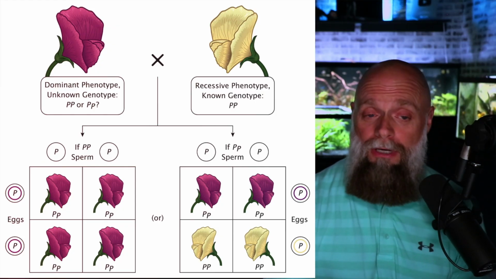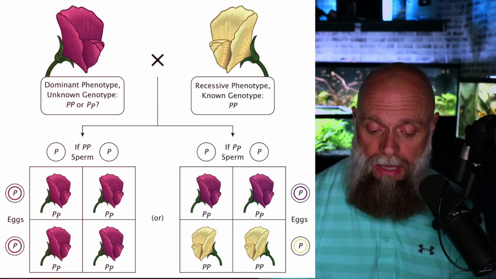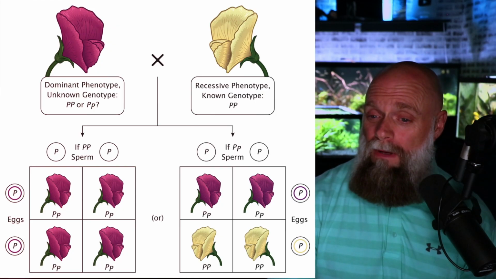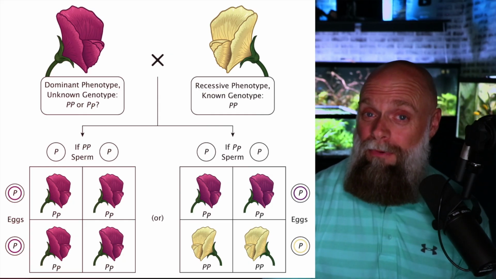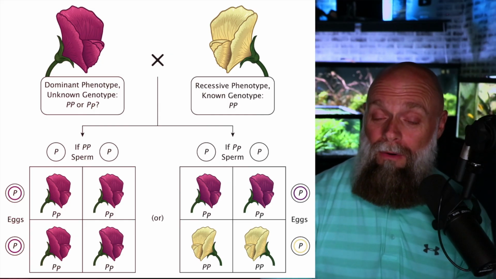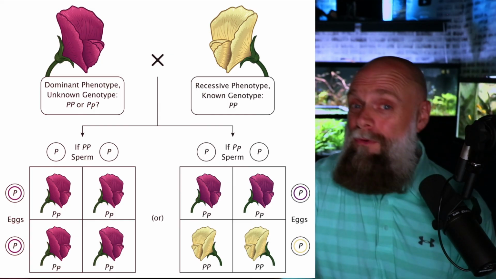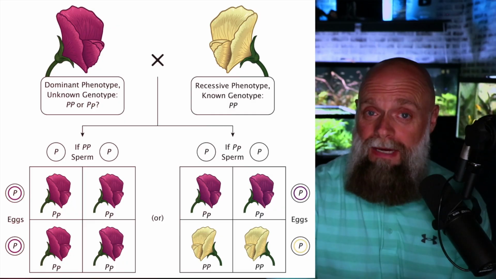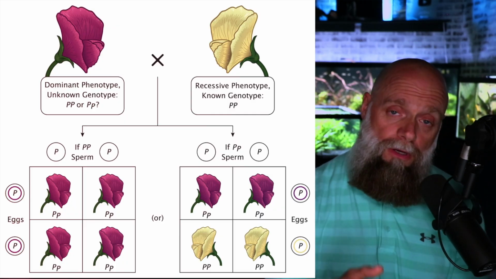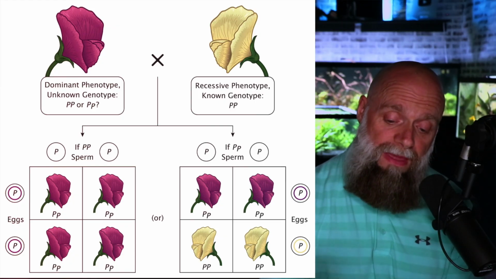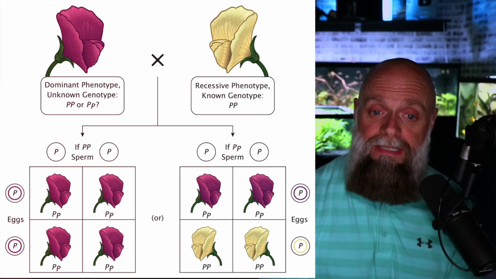And what you want to determine is you happen to have some purple flowers, but you don't know why they're purple. Are they purple because they are homozygous dominant? The purple is the dominant allele. Or are they heterozygous? You don't know why at this point. You know the phenotype, purple. You don't know the genotype. And so what you can do is you can cross that purple flower with a flower that is homozygous recessive.